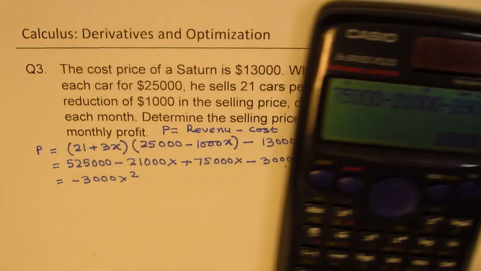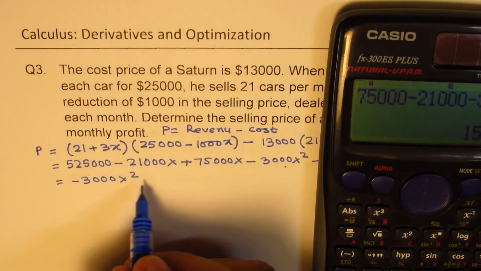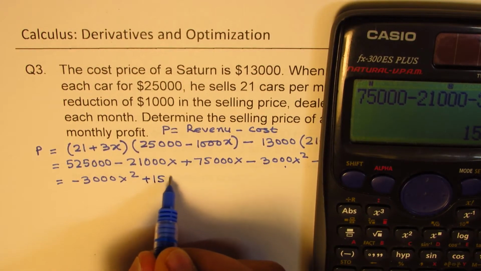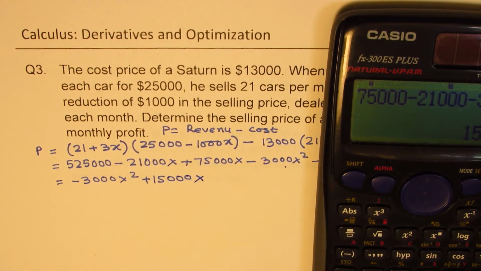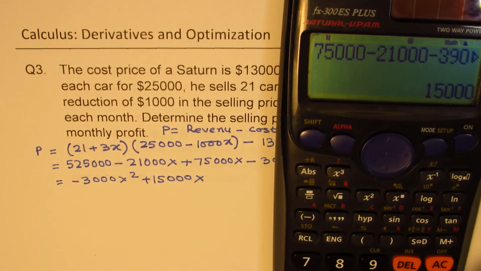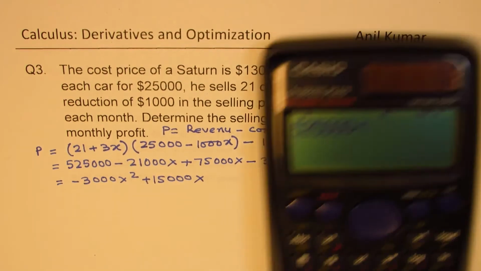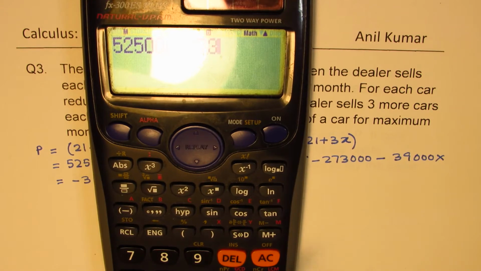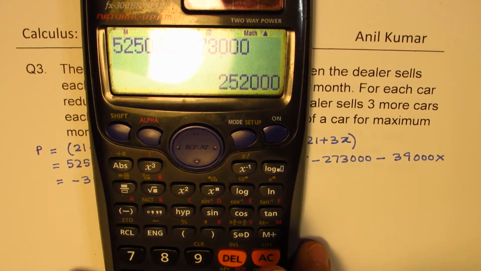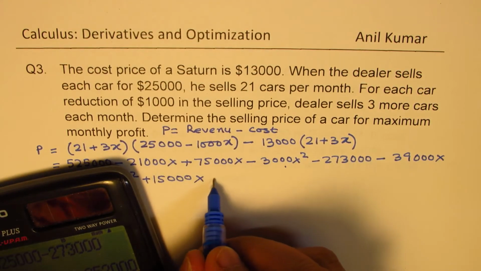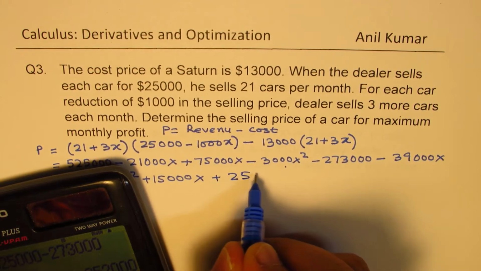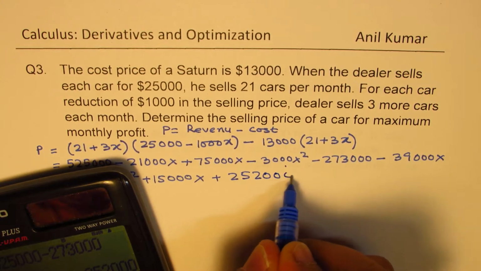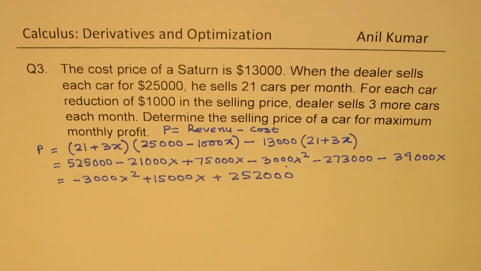And what we get is 15,000. So we get plus 15,000x. As far as the numbers are concerned, we have 525,000 minus 273,000, which is 252,000. So we get plus 252,000. So that is our quadratic equation.